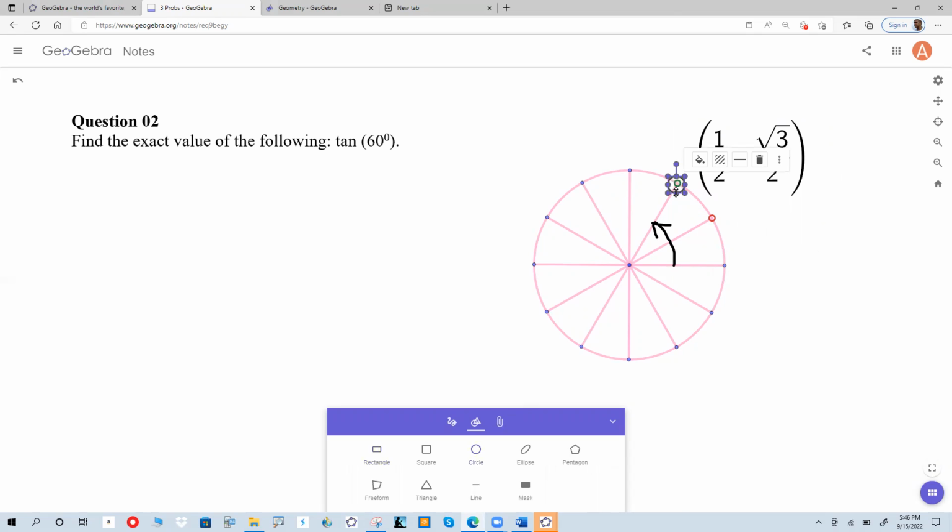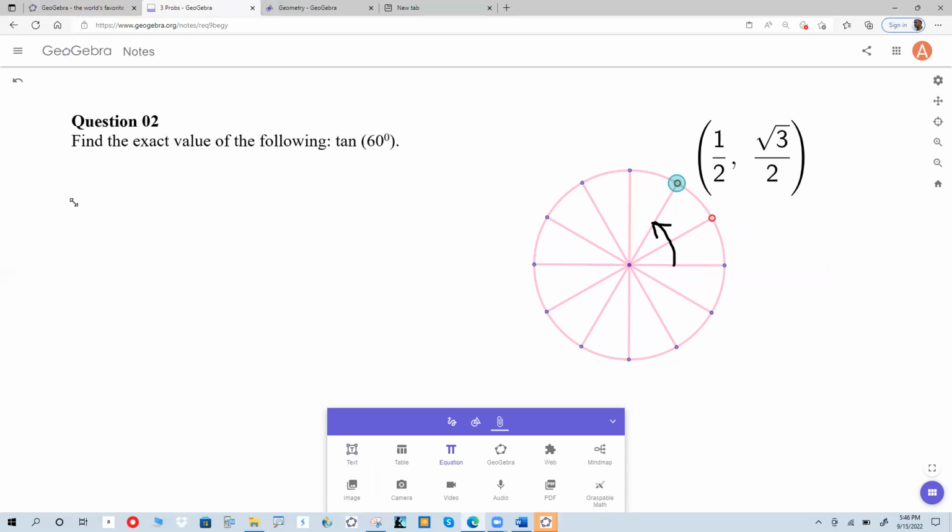This is the point that I'm really interested in. Okay. Now, this angle is 60 degrees. Positive means counterclockwise. These are the coordinates of the points, and tan 60 degree is equal to, I need to know sine and cosine. If I know sine and cosine 60 degrees, I am good to go.